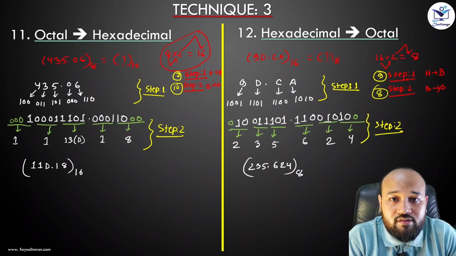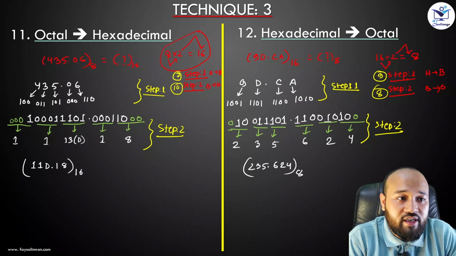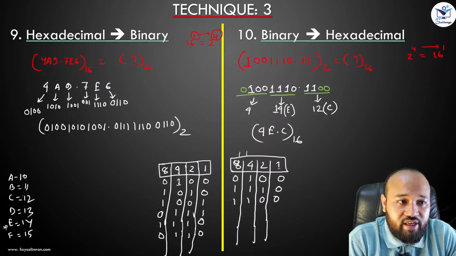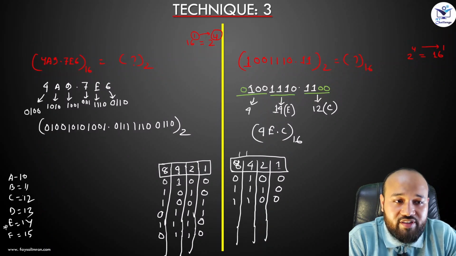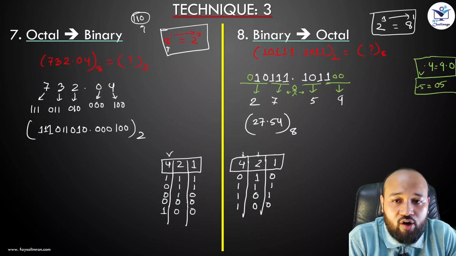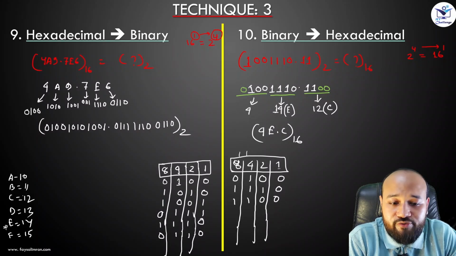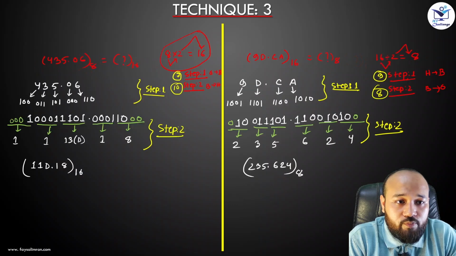Today we learned technique 3. Here 6 conversions are available. So octal to binary, binary to octal. Here rule number 9, hexadecimal to binary, binary to hexadecimal. That means the relation between binary and octal is 3 bits, and the relation between hexadecimal and binary is 4 bits.